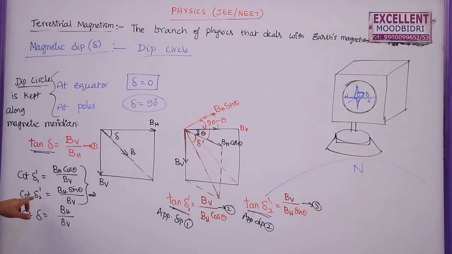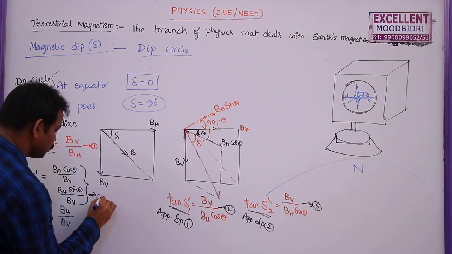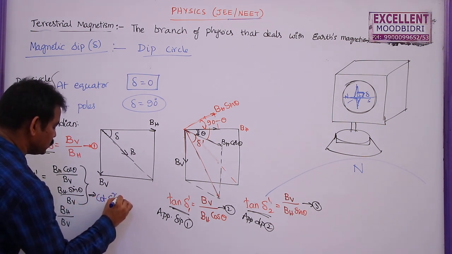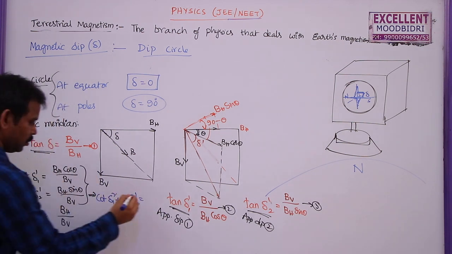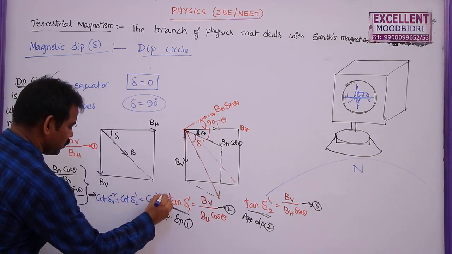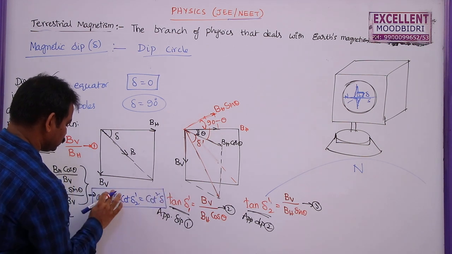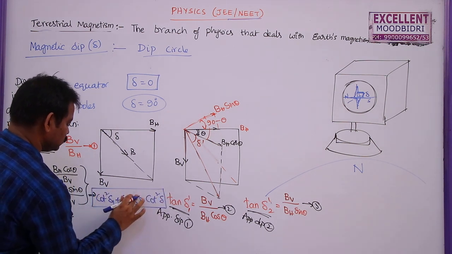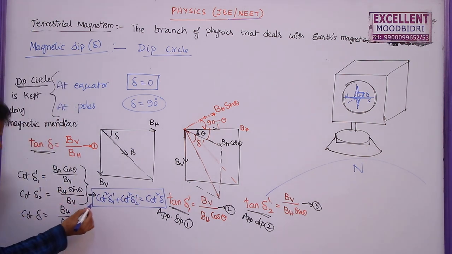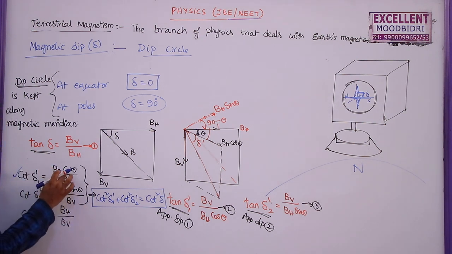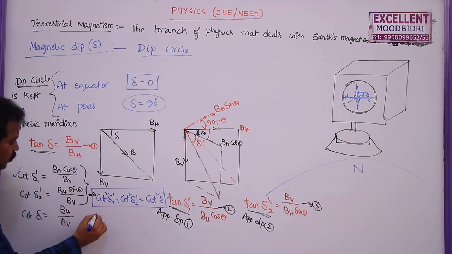Squaring on both sides and adding these two, you will get cot δ1' square plus cot δ2' square is equal to cot square δ. That you can prove, because cot δ1' square is equal to BH cos theta by BV whole square.